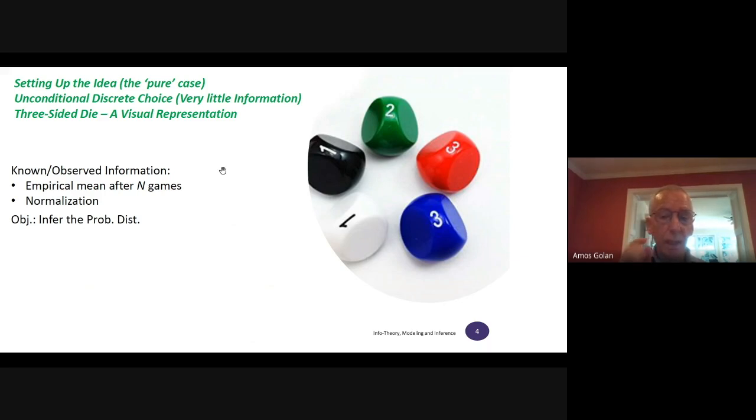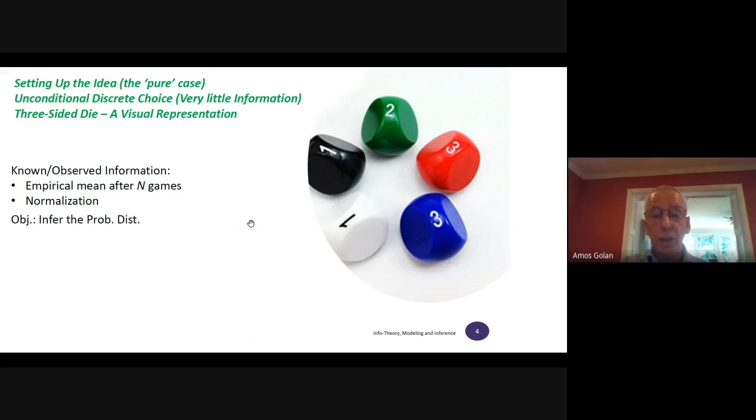At the end, the only information that you have is the mean value, which has to be something between 1 and 3. So you have a three-sided die, like in this picture, with three numbers, 1, 2, and 3. And after n games, somebody tells you the mean. Let's say the mean is 1.5, or 2, or 2.02.